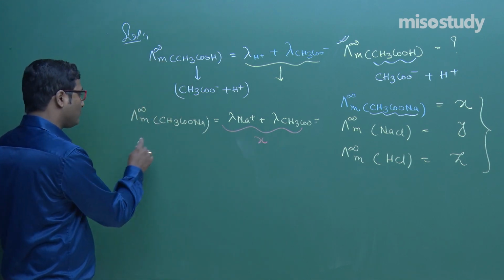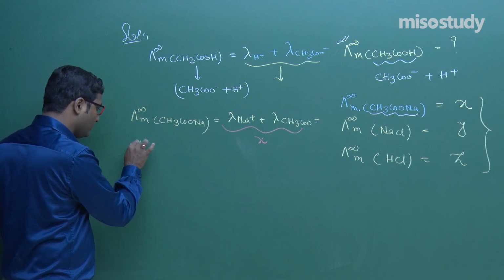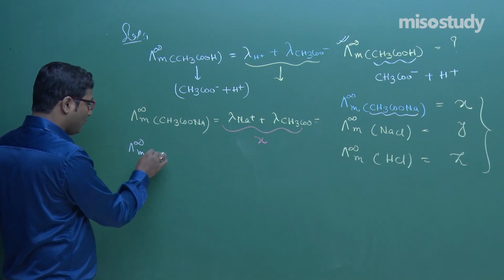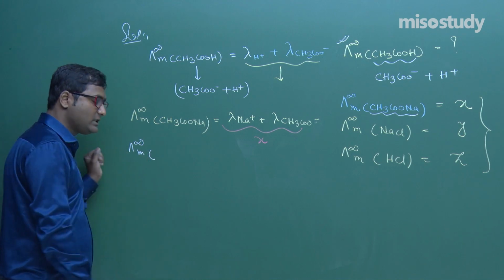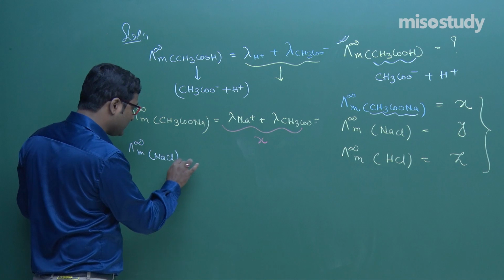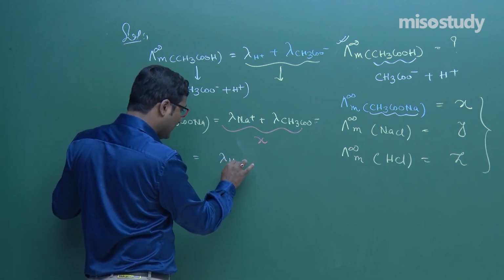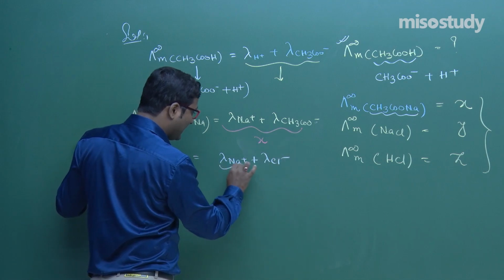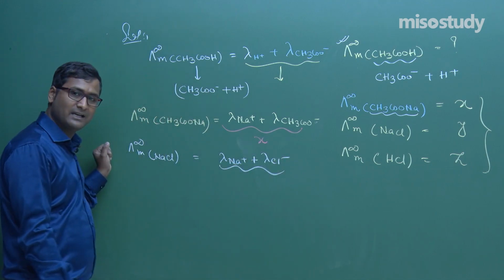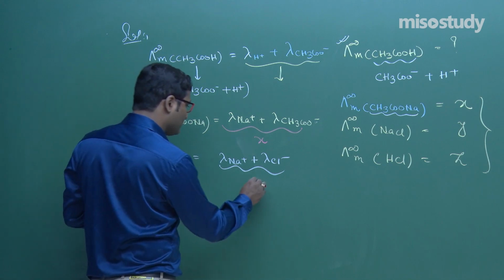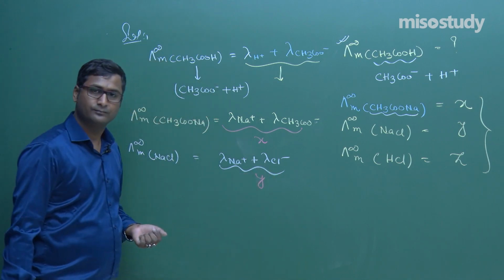I am taking time to solve this question because it is in your NCERT books. Data is different, and molar conductivity of NaCl can be represented like this, my friend, lambda Na plus and lambda Cl minus, that is the ionic conductivity of cation and anion, and its value is given here, that is Y. Yes sir.